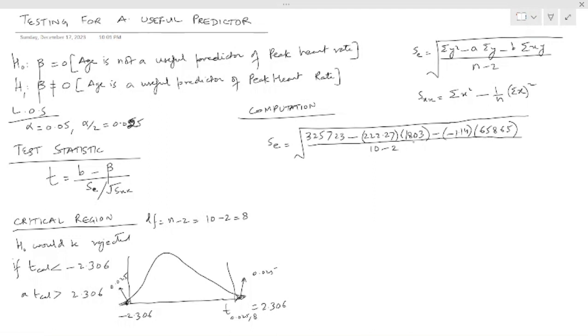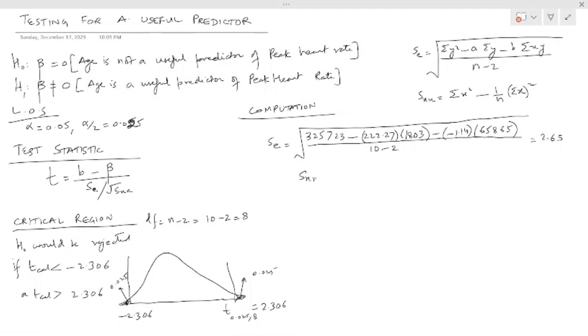So that's 56.29, which should be divided by 8. That's 7.036. And now we take the square root of the answer. So SE has a value of 2.65.